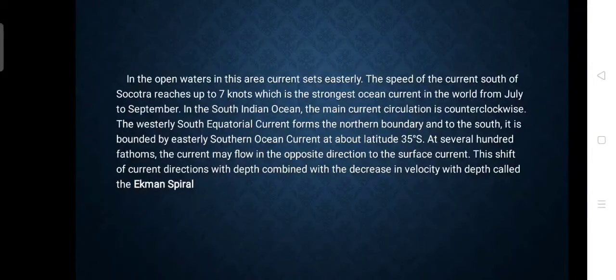The westerly south equatorial current forms the northern boundary to the south, it is bounded easterly by the southern ocean current at about latitude 35 degrees south. At several hundred fathoms, the current may flow in the opposite direction to the surface current. This shift of current direction with depth combined with a decrease in velocity is called Ekman spiral.